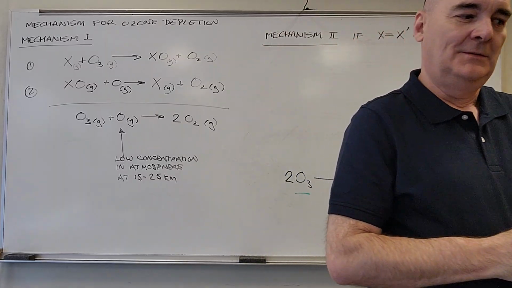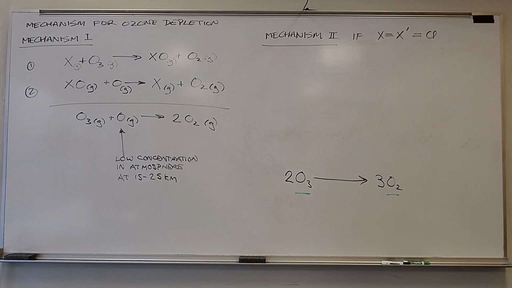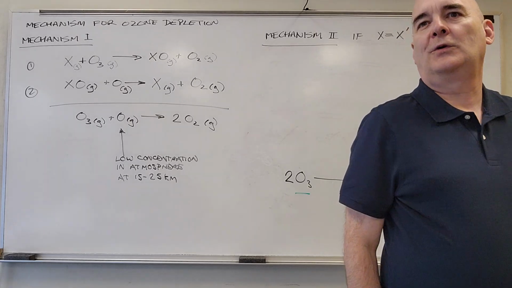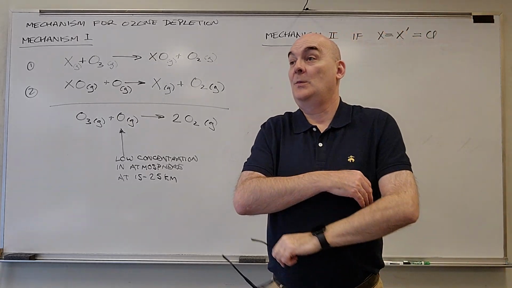Chlorine, and to a lesser extent bromine, are the big culprits of chewing up ozone in the atmosphere. One of the problems is, there's more chlorine in the atmosphere than there is bromine.